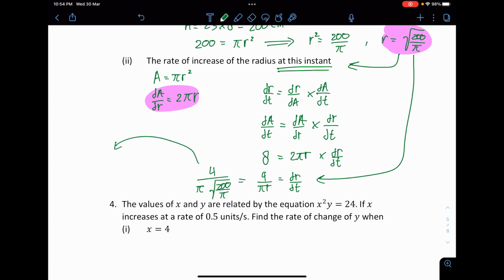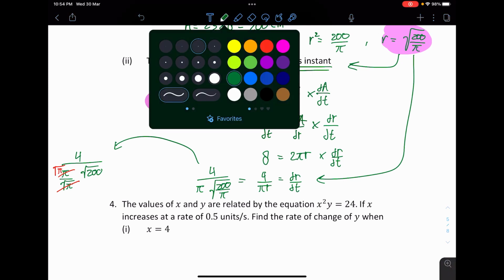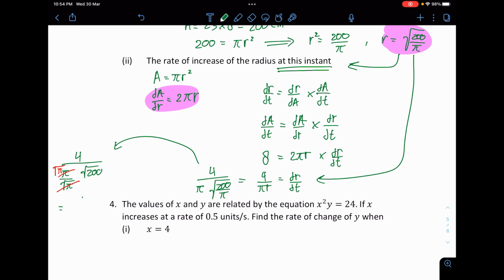I'm running out of space. 4 over pi divided by root pi multiplied by root 200. I can cancel these two, leaving me with a square root of pi. Hence I'll get 4 over square root of 200 pi.